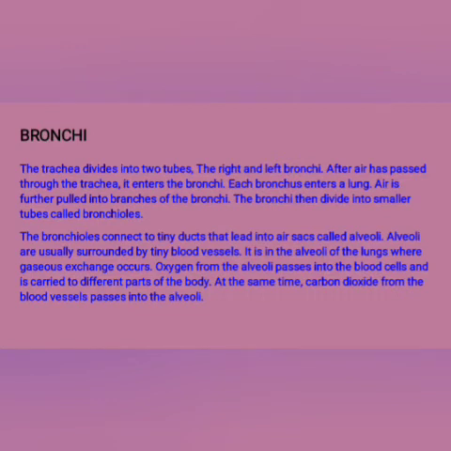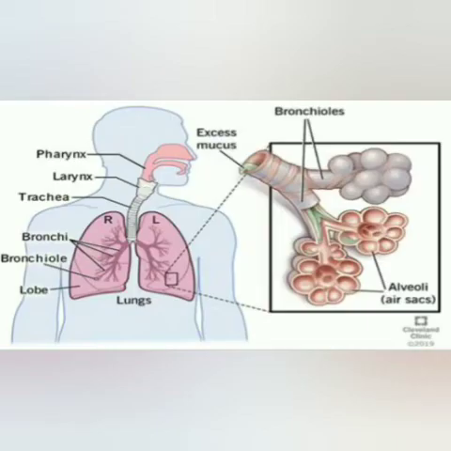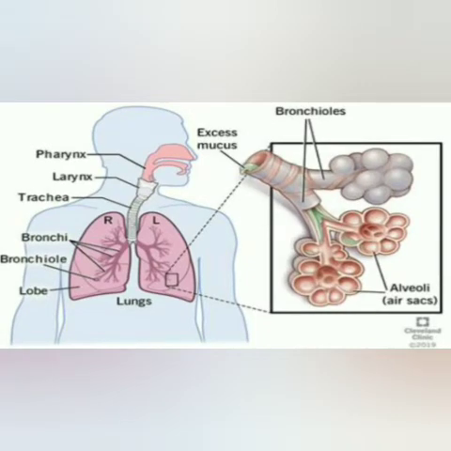The next part is bronchi. So close to the lungs, the trachea divides into two tubes. In this picture, you can see how the trachea divides into two tubes and forms bronchi, which enter the respective lungs.